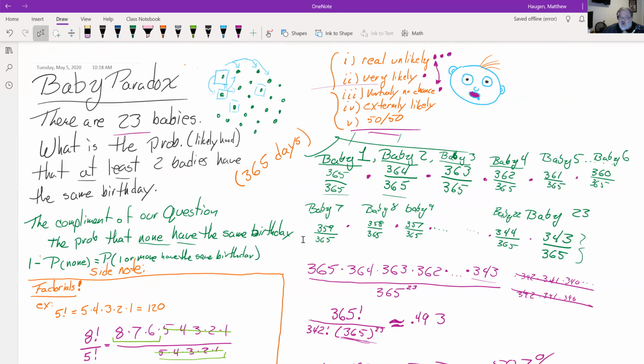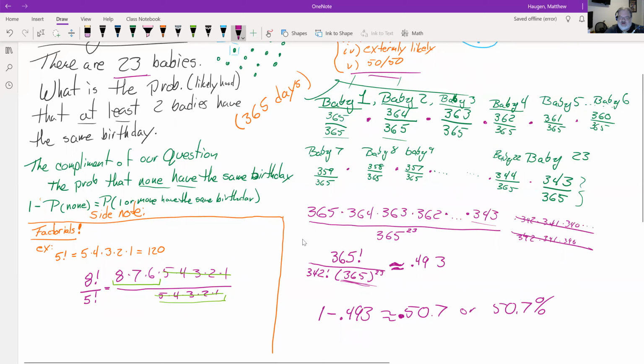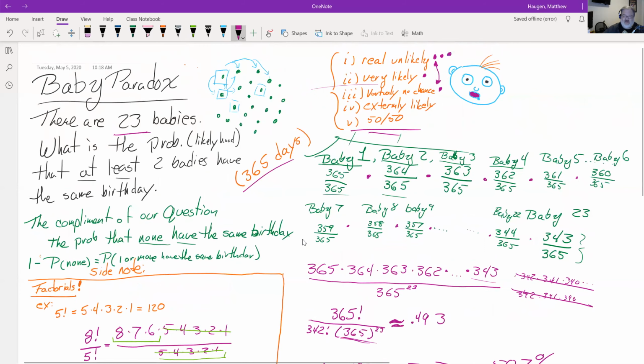But it can be quite surprising that at 23 babies, it's a 50-50 shot whether you're going to have two of them that have the same birthday out of 365 birthdays. What might be even more surprising, by the way, is if you go to 75 babies, it's almost 100% chance.